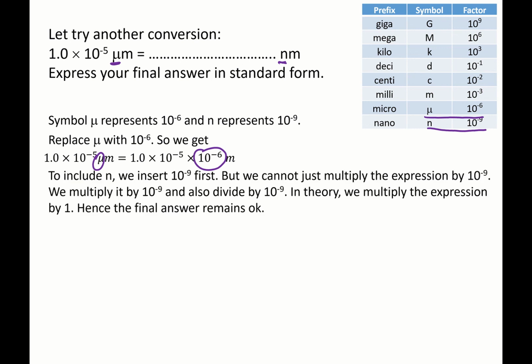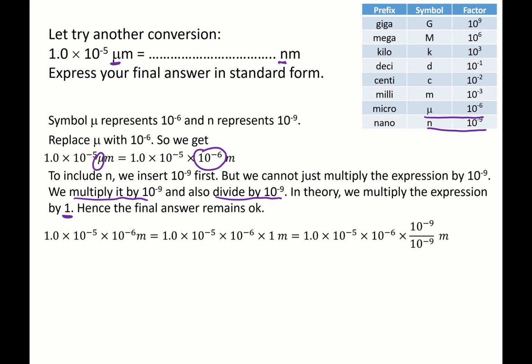Now to include the nano, we need to insert 10 to the power minus 9 first. But we cannot just multiply the expression. We multiply by 10 to the power minus 9 and also divide by 10 to the power minus 9. So in theory, we are just multiplying 1. And this is what we have, times 1 times 10 to the power minus 9 over 10 to the power minus 9, because that expression gives you 1.